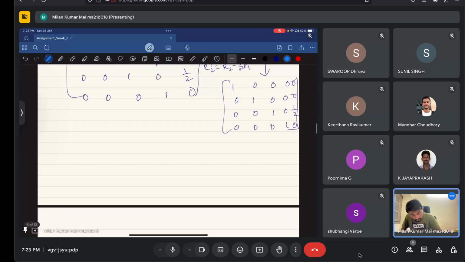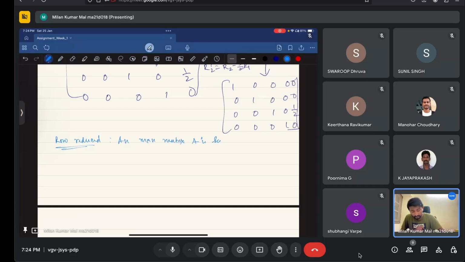Row reduced definition: let A be an m by n matrix.